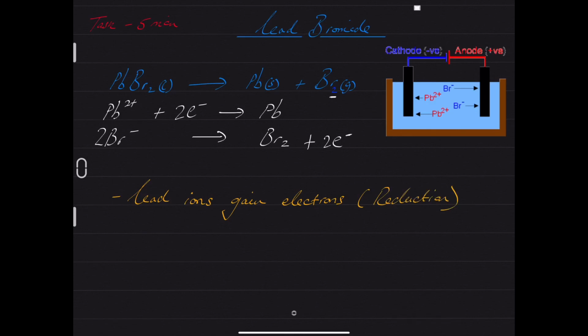Lead ions gain electrons, therefore it's a reduction reaction, and they gain the electrons at the cathode. So lead ions gain electrons via the process of reduction at the cathode, forming lead atoms.